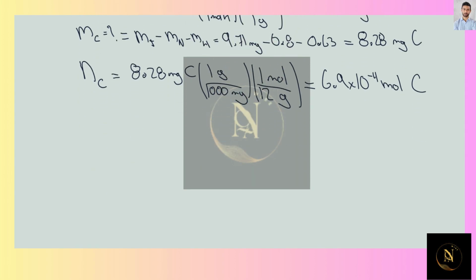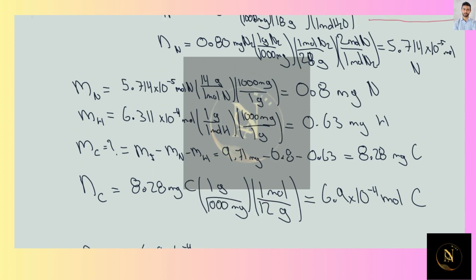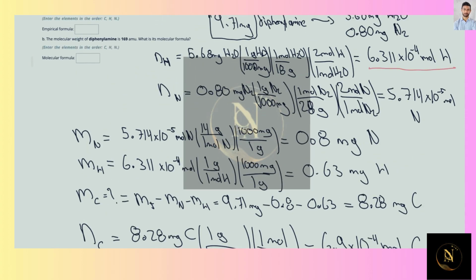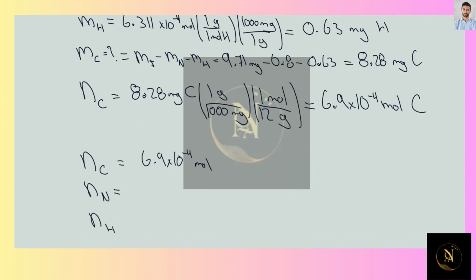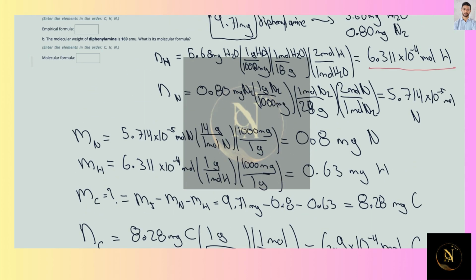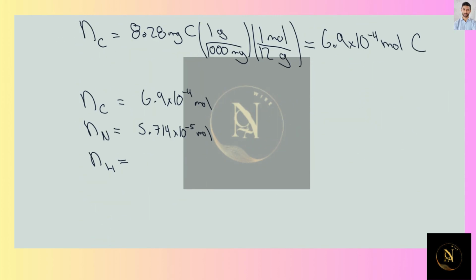So now we can write down our table. We're going to have amount of mole of carbon, and amount of mole of nitrogen, and amount of mole of hydrogen. In this case, of carbon is 6.9 times 10 to the minus 4 mole. Of nitrogen is going to be 5.714 times 10 to the minus 5. This is going to be the lower amount. And of hydrogen is going to be 6.311 times 10 to the minus 4.